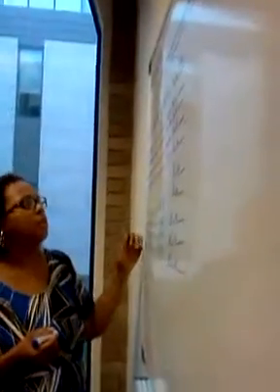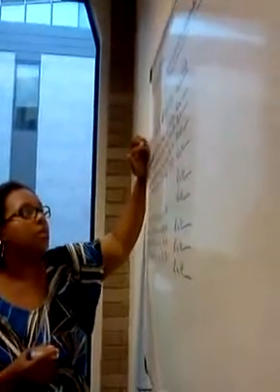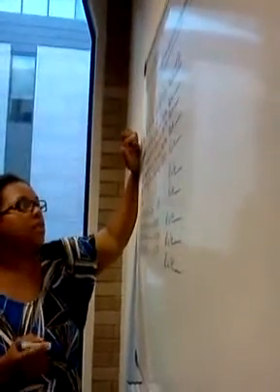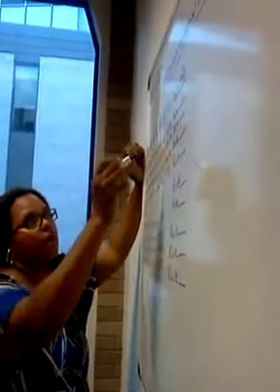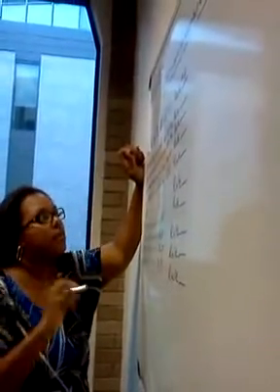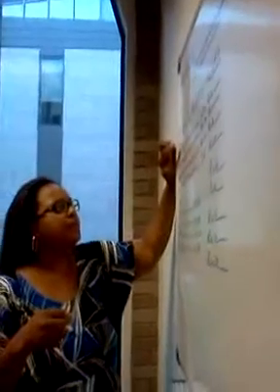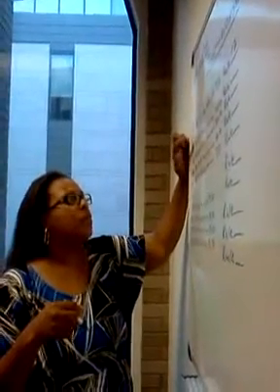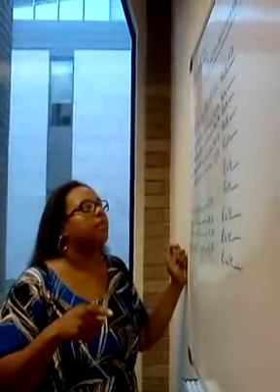Number 2 says 21, 24, 27, blank, blank, blank, 39, 42. Well, let's see. 21, then we have 24. What are those missing numbers in there?